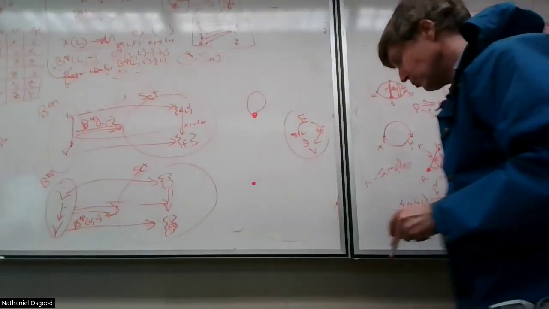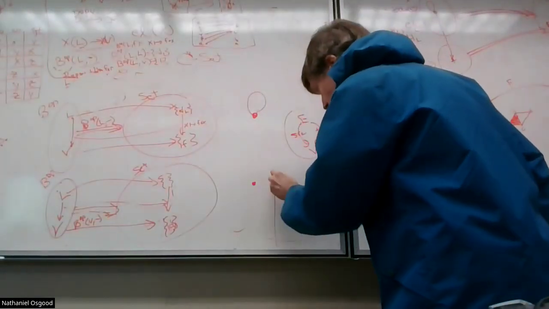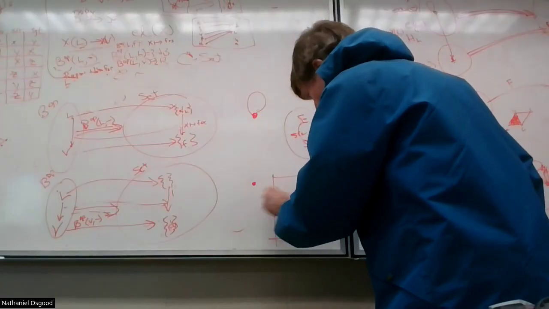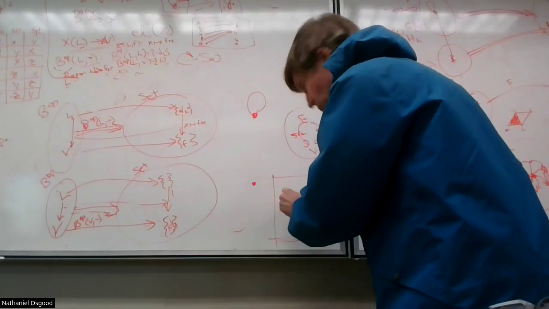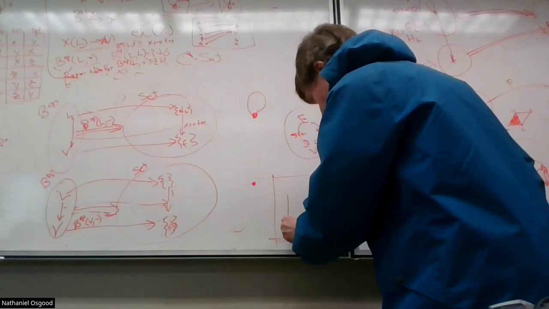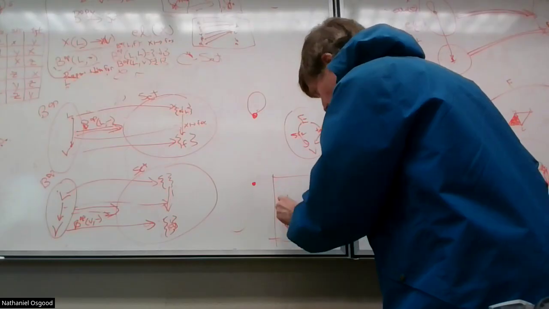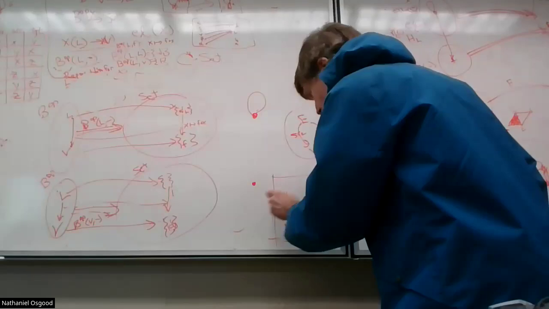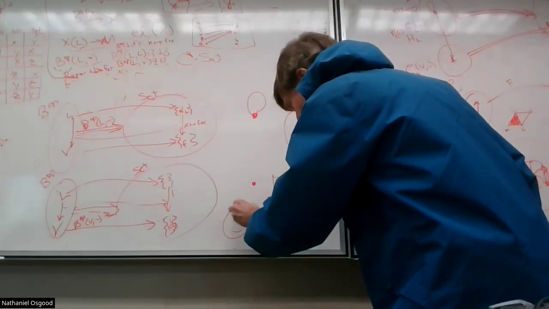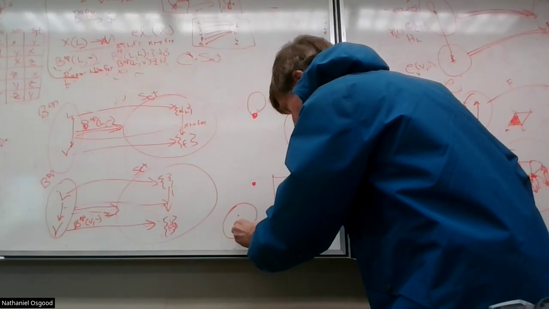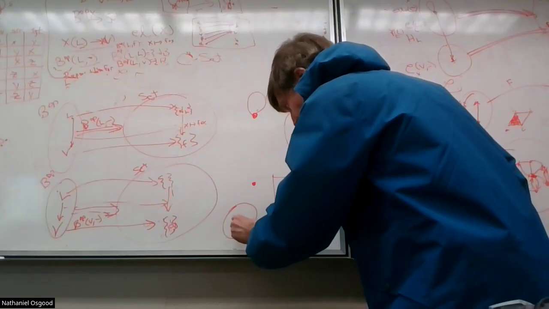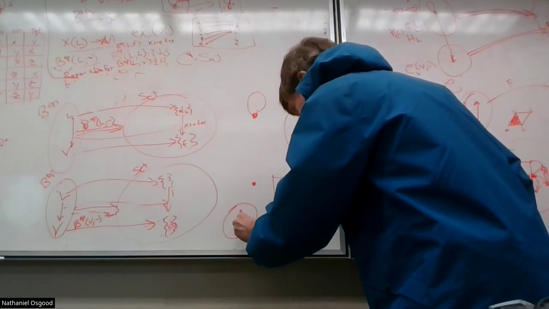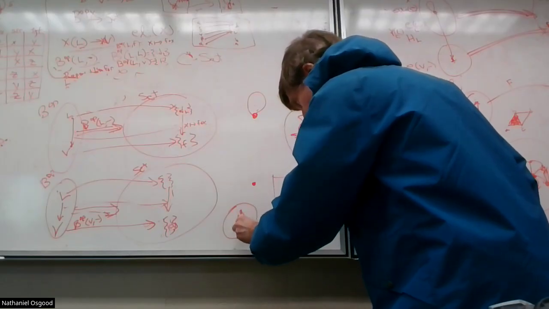If we have our source category, call the objects A and B, and we have some morphism.